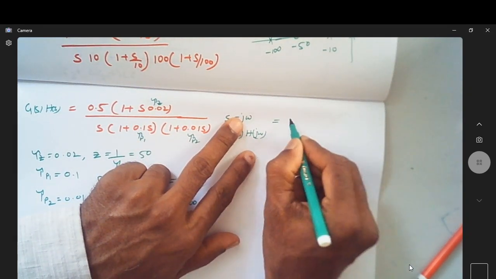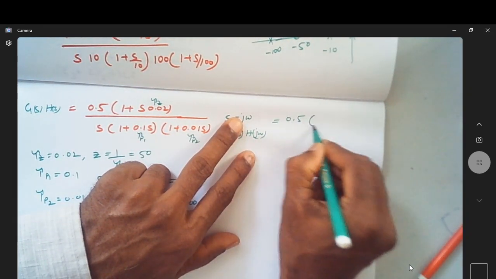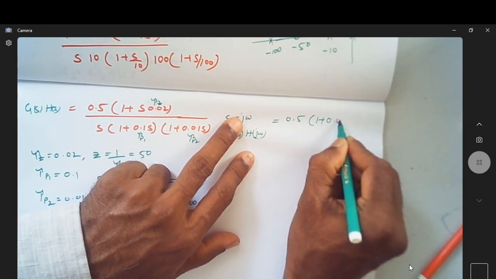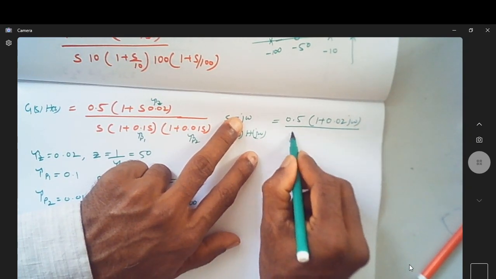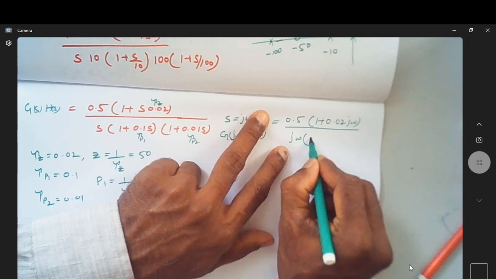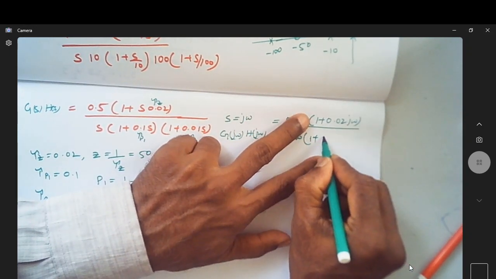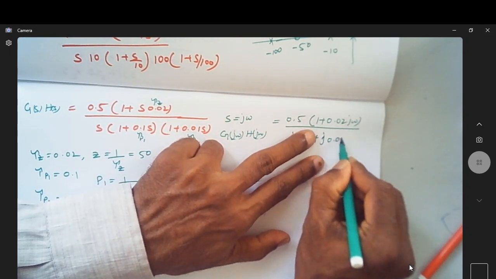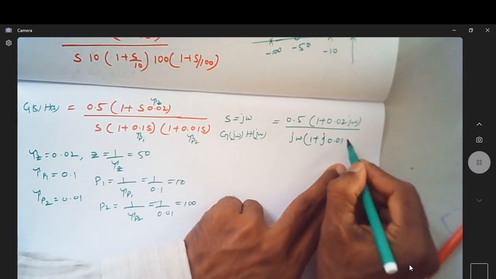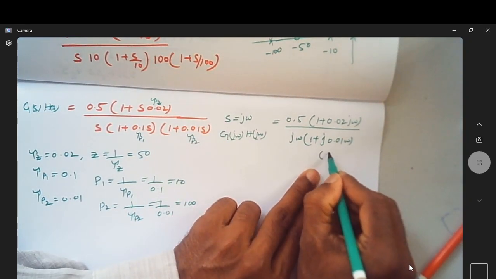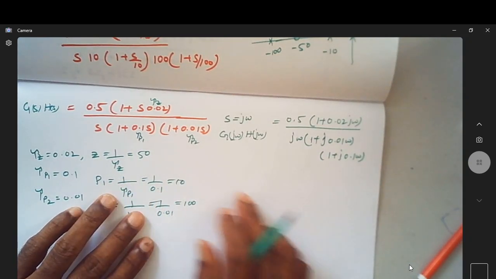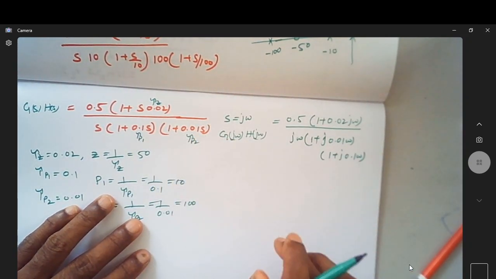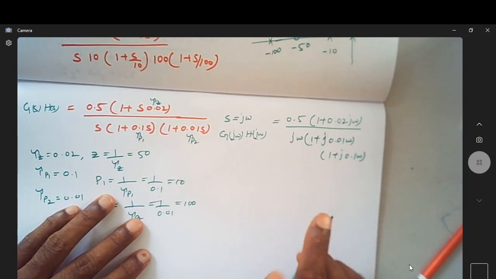So then this is equal to 0.5 into 1 plus 0.02 j omega, divided by j omega, and 1 plus j 0.1 omega, and 1 plus j 0.01 omega. So wherever s is there, I am replacing by j omega.